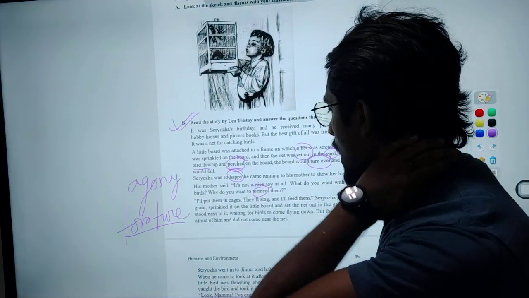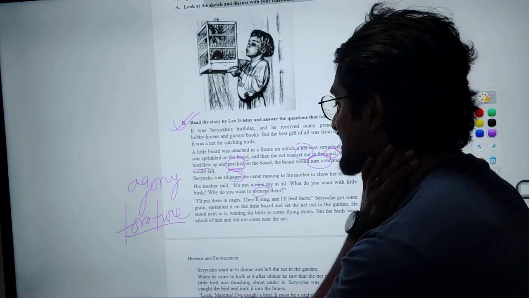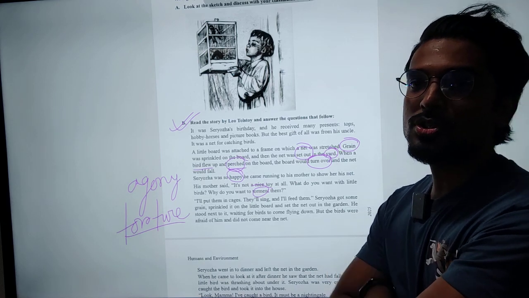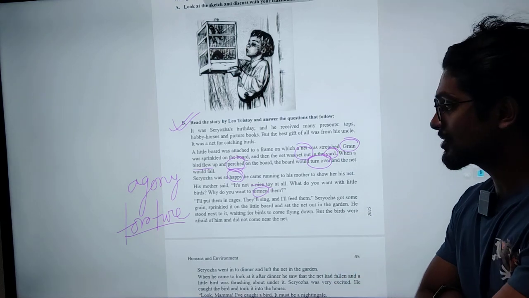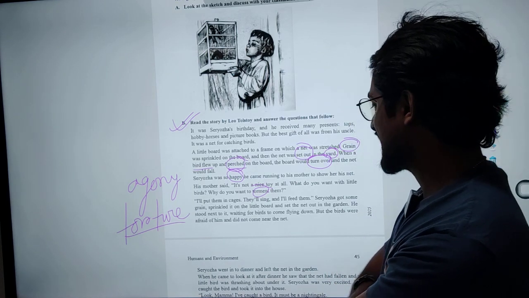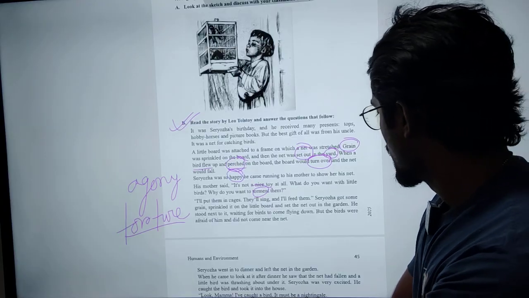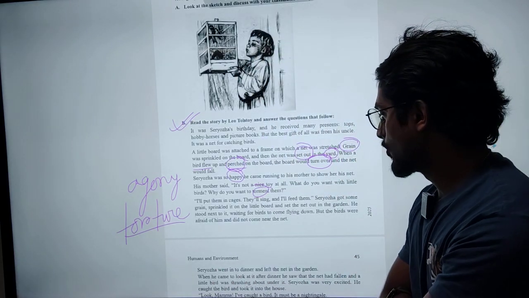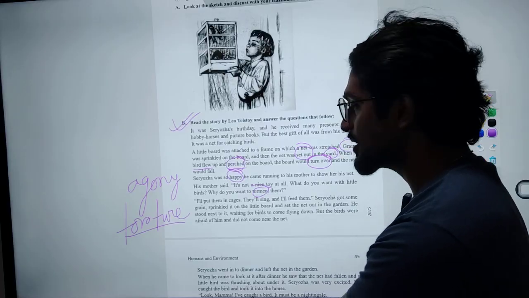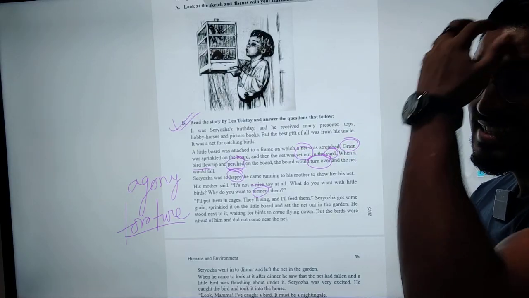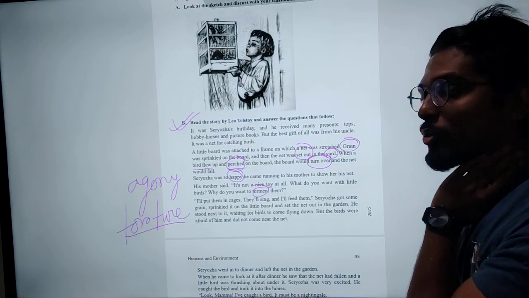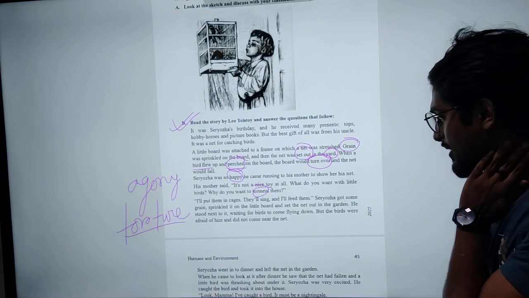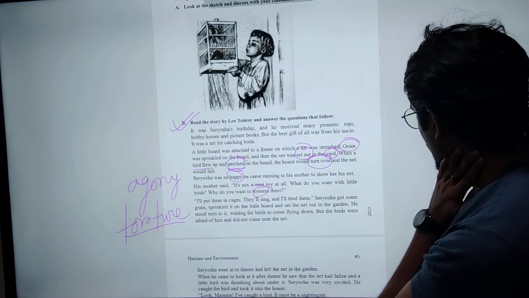Okay, I'll put them in cages. They will sing. So if he puts them in cages, he thinks that they will sing, and I will feed them. Shiraja got some grain, sprinkled it on the little boat, and set the net up in the garden. So he set up a trap, sprinkled the grain on the ground, on the little boat.